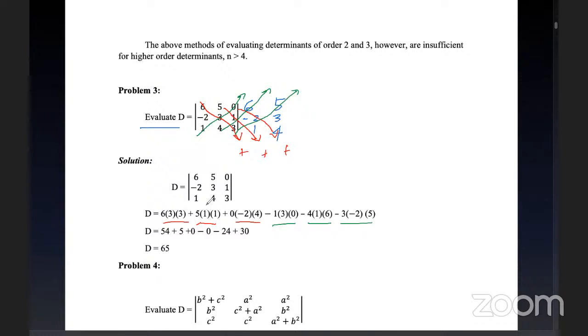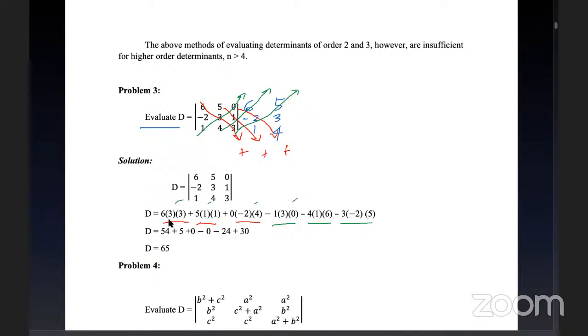So, para mas madaling ma-verify nyo kung tama ba yung number of terms na meron dun sa determinant. So in this case, in 3 by 3, or 3 squared, n squared yun, di ba? So we actually have 6 terms. 1, 2, 3, 4, 5, 6.